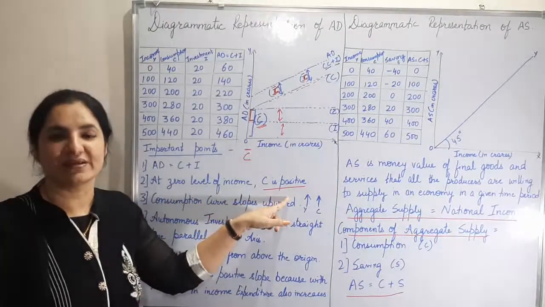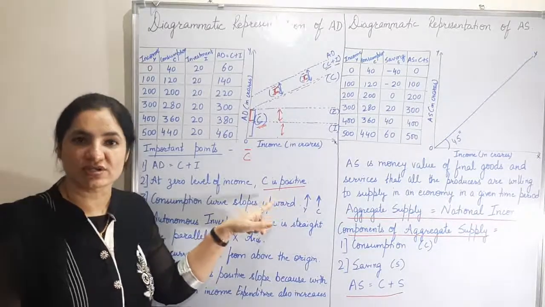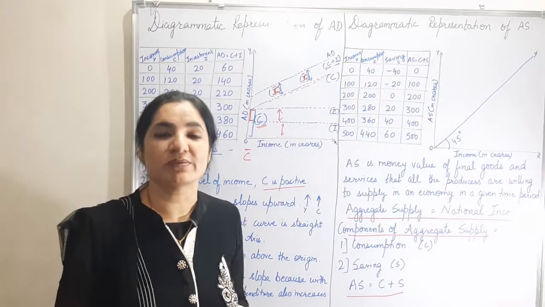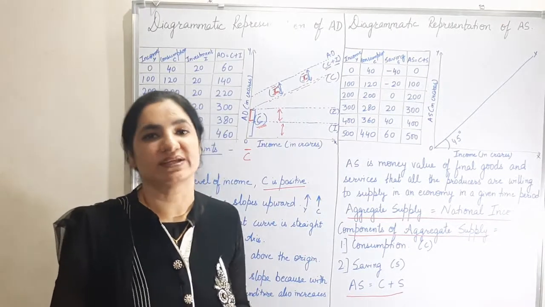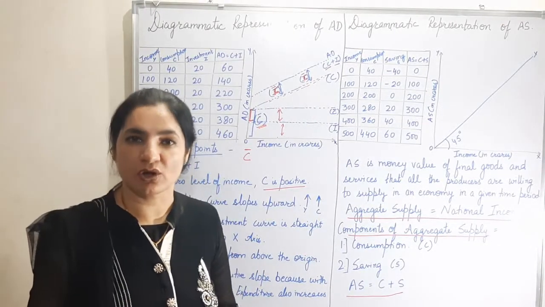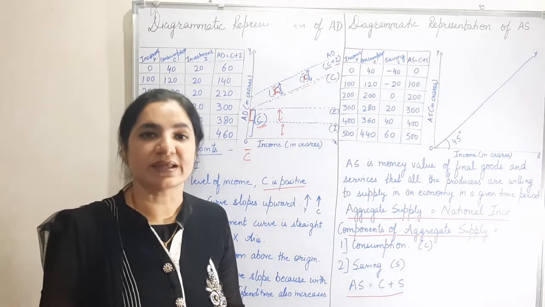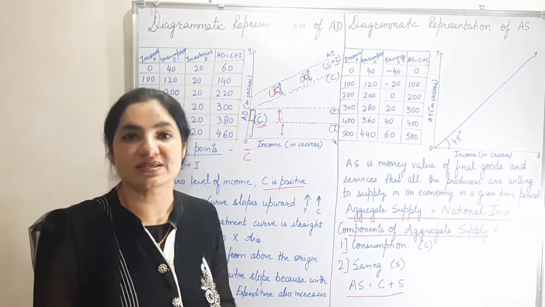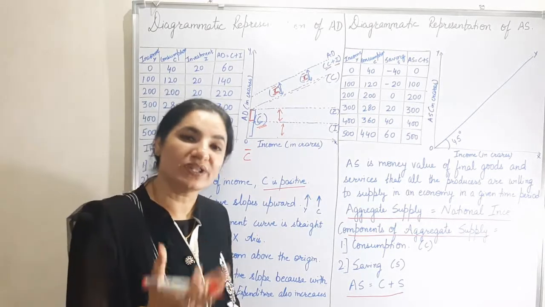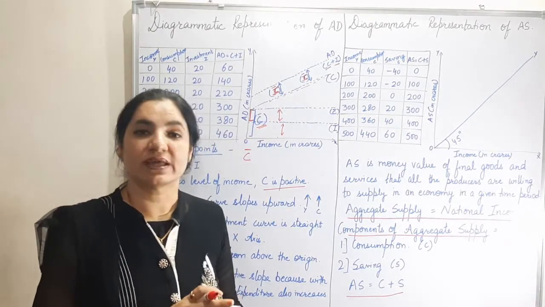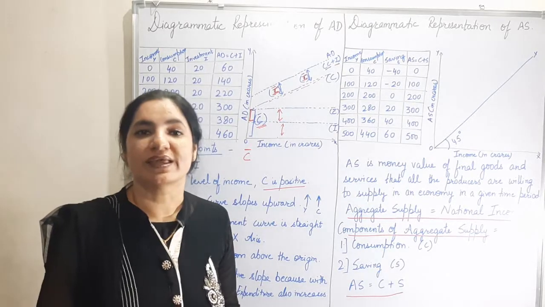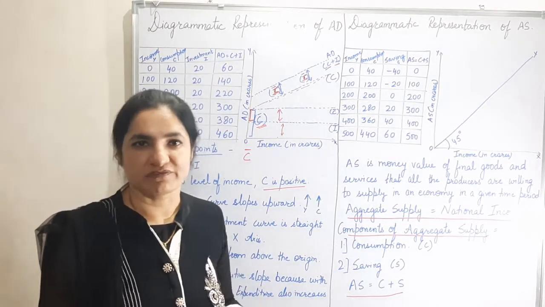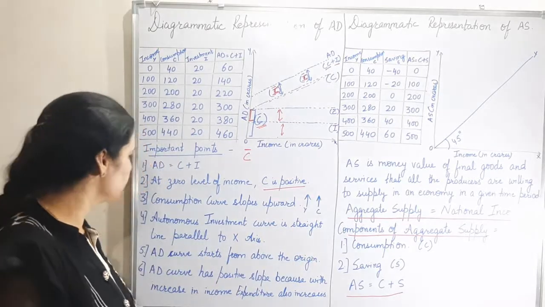The reason behind this is C cannot be negative or zero, because it is essential for all human beings to consume, whether they are able to earn something or not. If they are not earning, that is they have zero level of income, then also consumption is present. Now how they are consuming it, whether they are taking loans or utilizing previous savings, that's a different matter not to be discussed here.